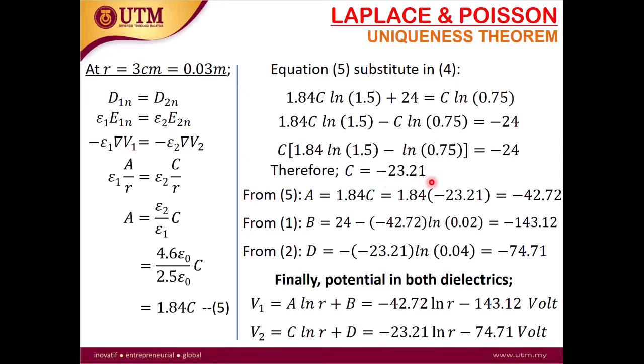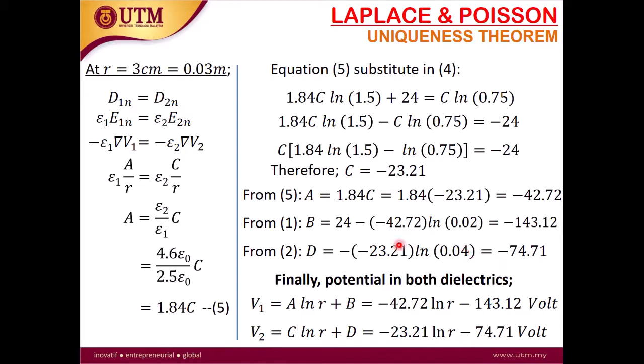And we substitute C into equation 5, equation 1, and equation 2 for D. Later on, you will get A equal to minus 42.72, B equal to minus 143.12, and lastly, D equal to minus 74.71. So now we get all the constants that we need.